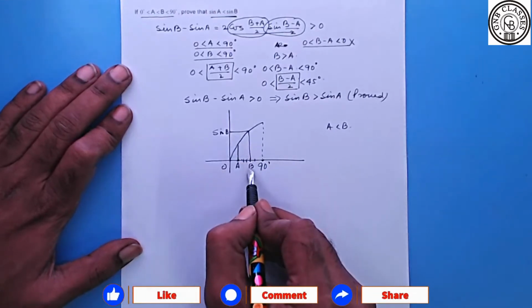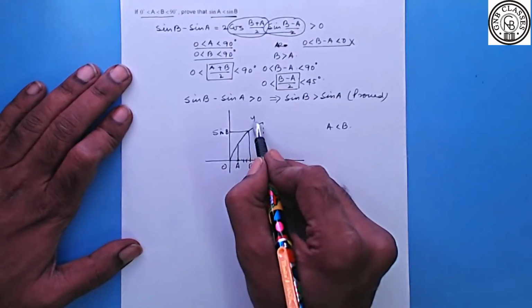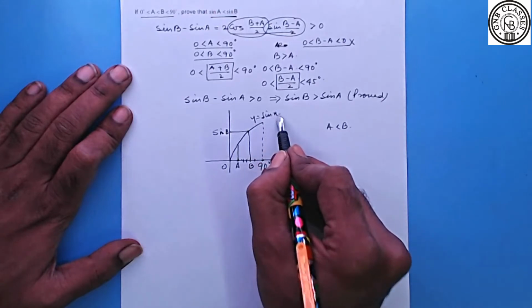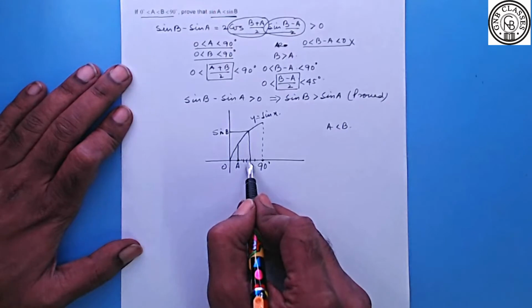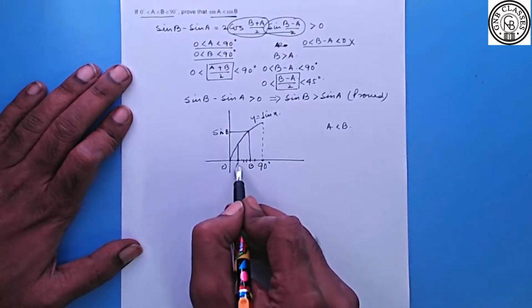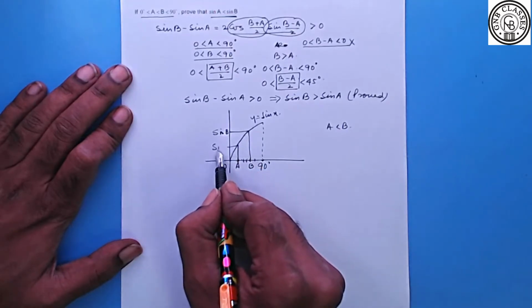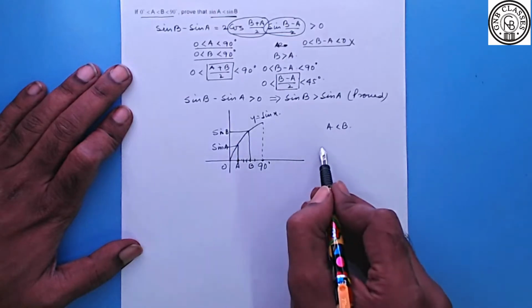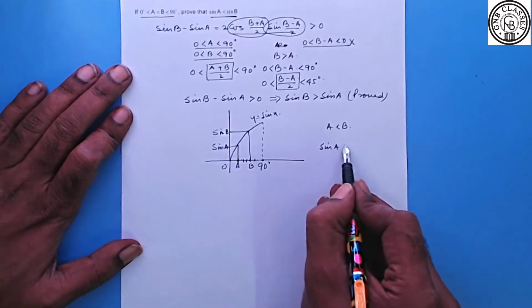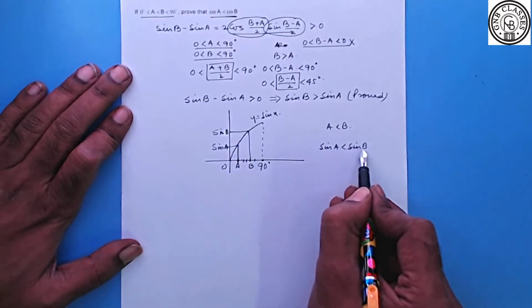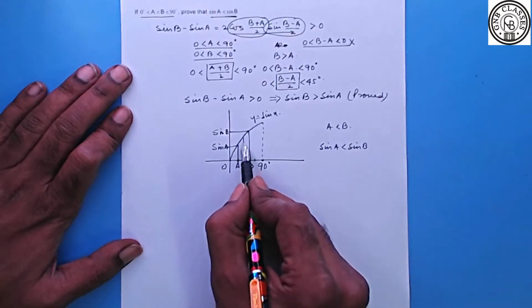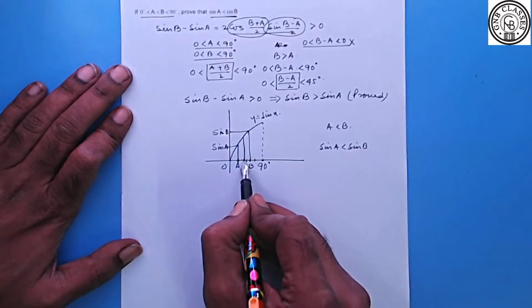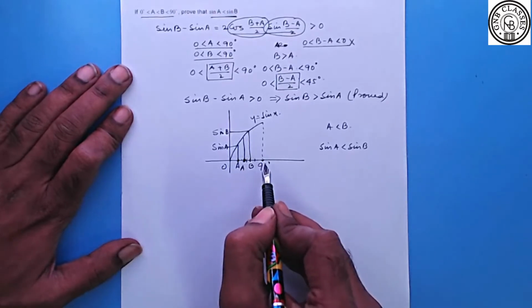The corresponding value of B is nothing because this curve is y is sine x. So the corresponding value of B will be sine B and the corresponding value of A will be sine A. Now graphically we can easily see that sine A is less than sine B. Anywhere you choose A, suppose I choose A over here, then B has to be anywhere between this point and this point.